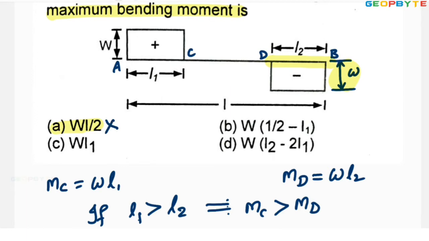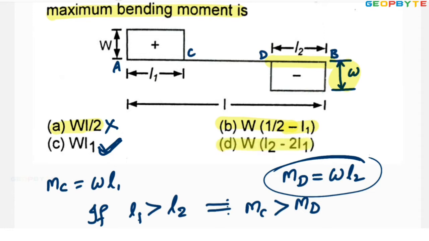Option B, W into L by 2 minus L1. No. Option C, WL1 is correct because WL2 is not given in the options. This value is not given in any option. Therefore, definitely option D is not correct. Therefore, option C is absolutely correct. I hope you clearly understood.